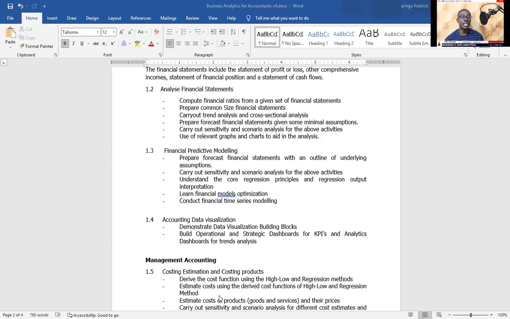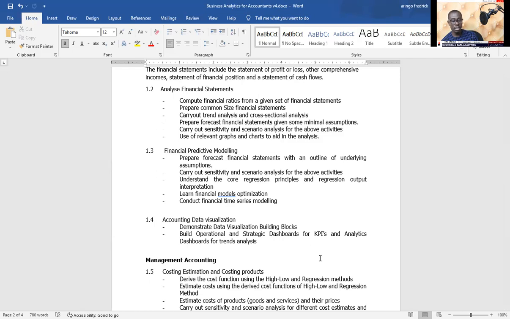In regard to data viz, there are various components which you just have to be good on. For you to analyze data appropriately, there are some key concepts that you just have to be good on. Then in that case, you're talking about the aspect of financial models optimization.